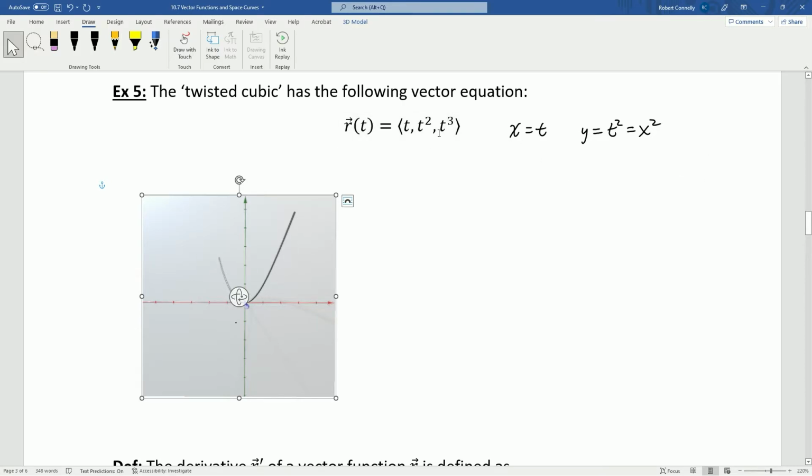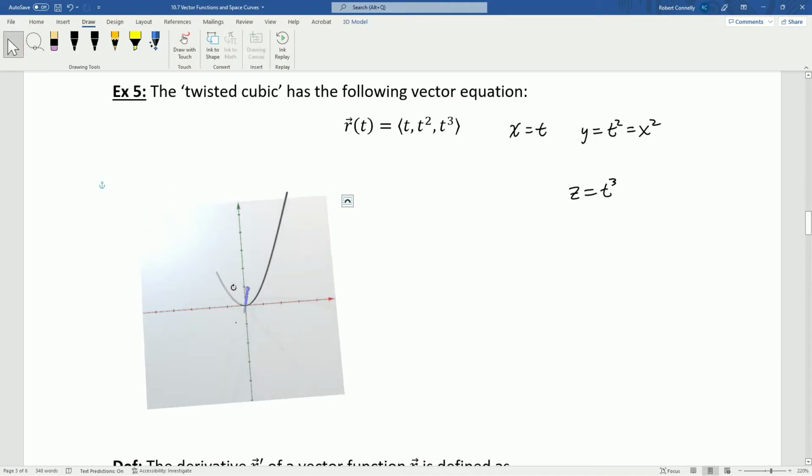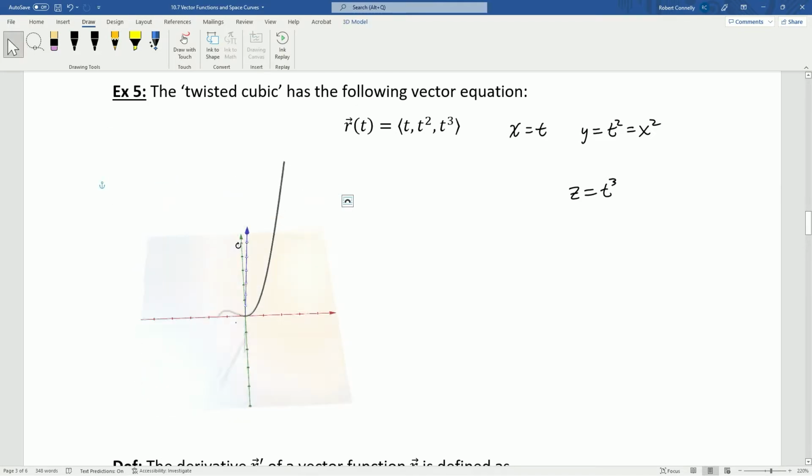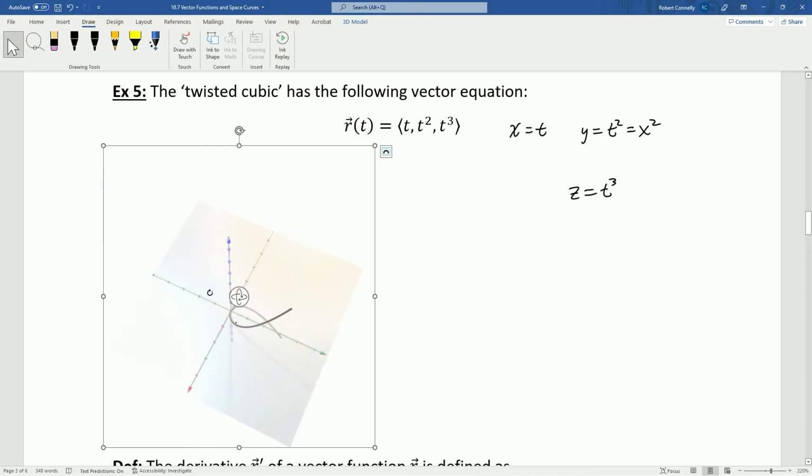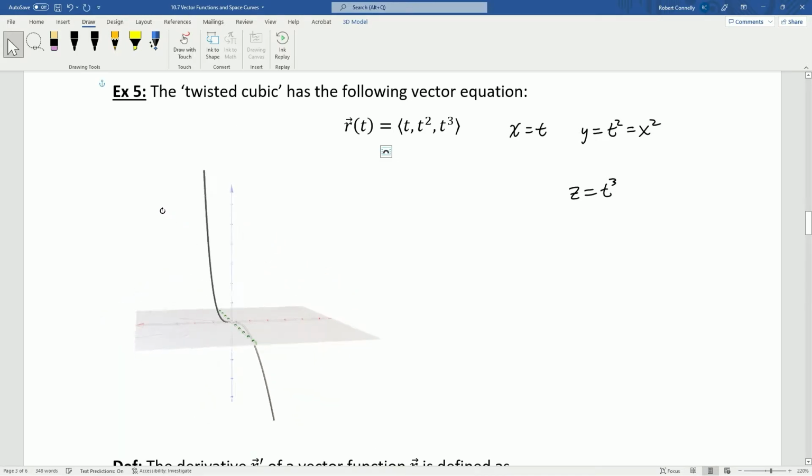Now, let's take a look at the relationship between z and x. So in this case, z would actually be t cubed. So this is what we get when we ignore what's happening to y. So we want to spin this around and not look at what's happening to y.